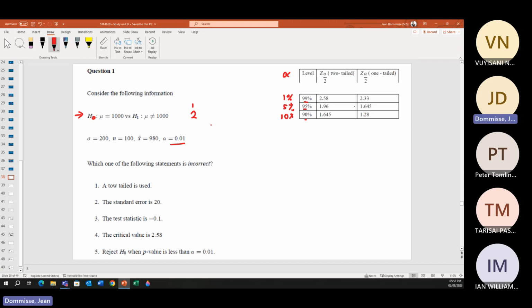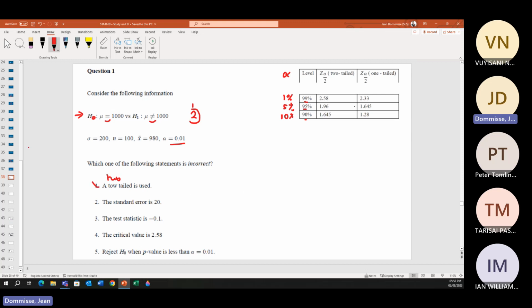What would you say? One or two tail? Equal, not equal? So what we are working with here, equal, not equal, is a two tail. That should have been 2 and not 'toe'. So we're working with a two tail, so that is correct.